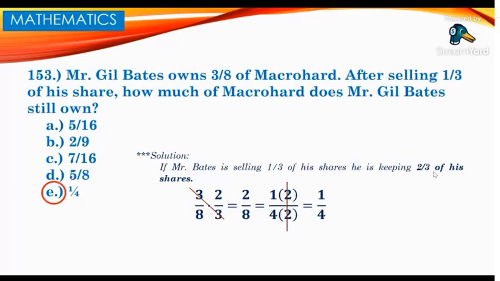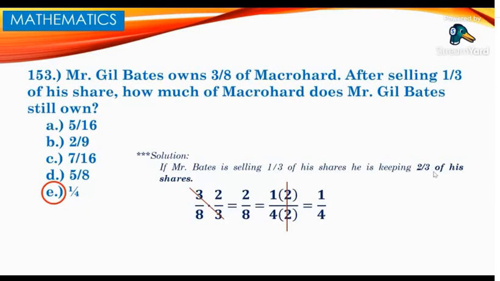Okay, paano po naging 2/3? Okay, if I have my share, ibinenta po yung 1/3, ang tinatanong po sa problem is, hindi naman po kung magkano yung naibenta, kundi kung magkano po yung naiwan na share. So, ibig sabihin, we're going to subtract from the whole share, let's say buo, that's 1, minus 1/3.